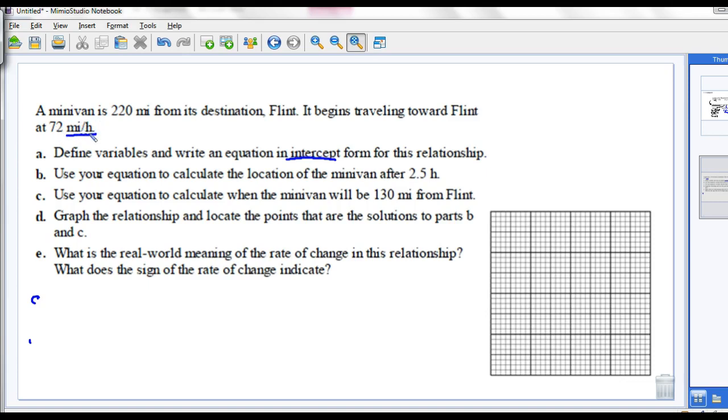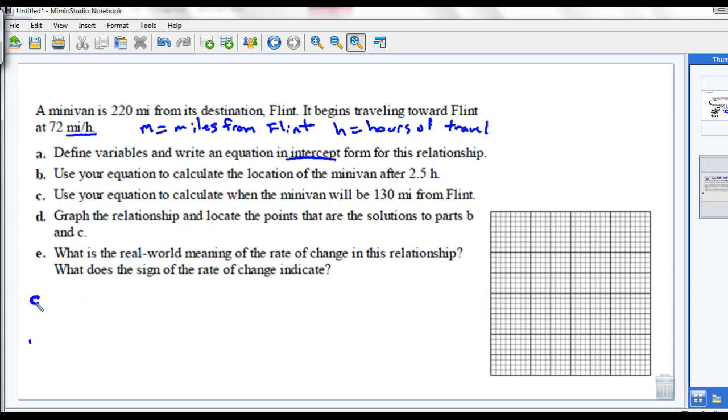So I'm going to let m equal the miles from Flint, and I'm going to let h stand for hours of travel.